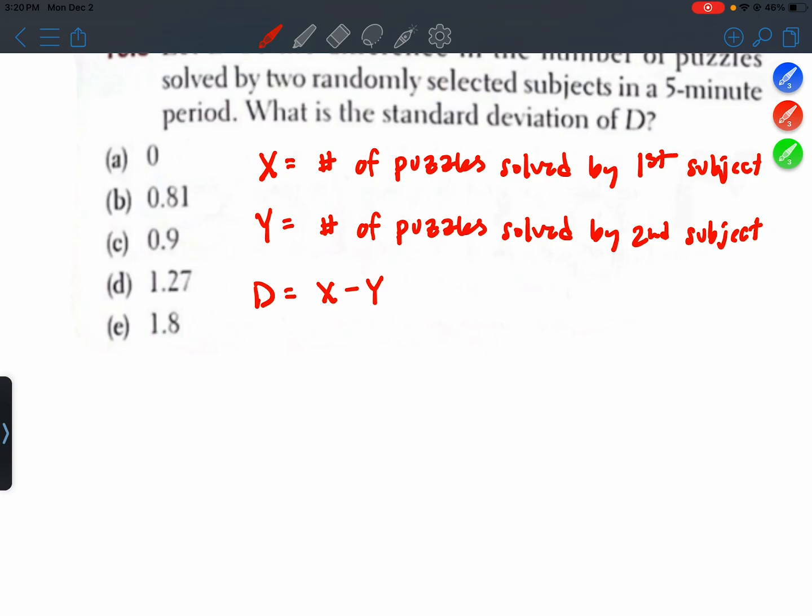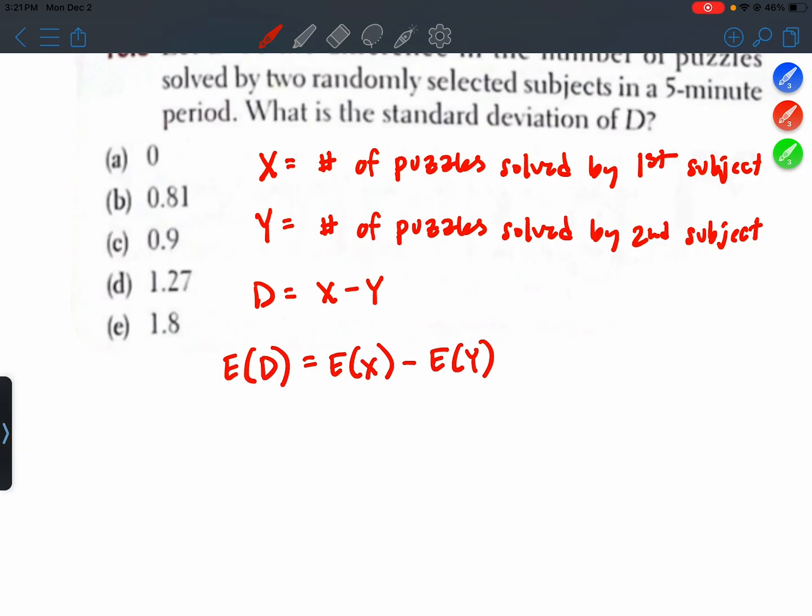If we wanted to know the expected value of the difference, it would be as simple as finding the expected value of the first random variable minus the expected value of the second random variable.